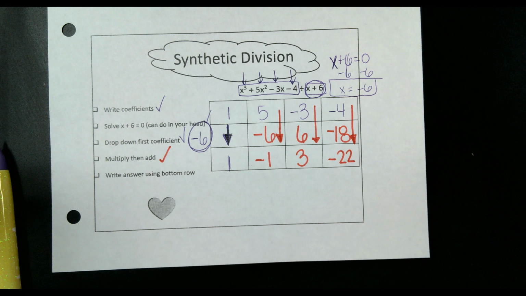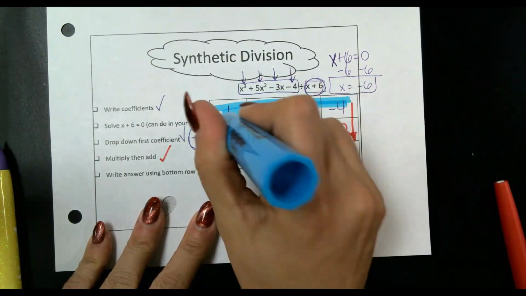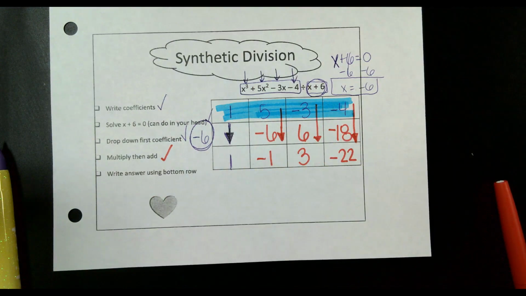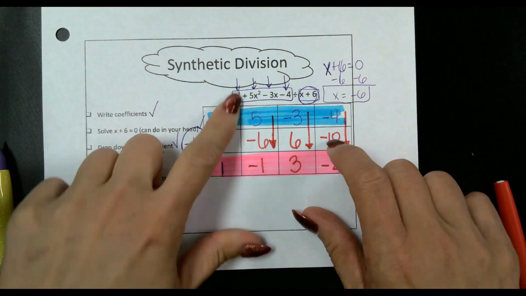But hang on, we've got to write our final answer. So this top row was the original polynomial, right? These are the coefficients, the numbers we're going to use in our final answer. If my original problem started with x cubed, but I've already taken one x out, aren't there 2 left?